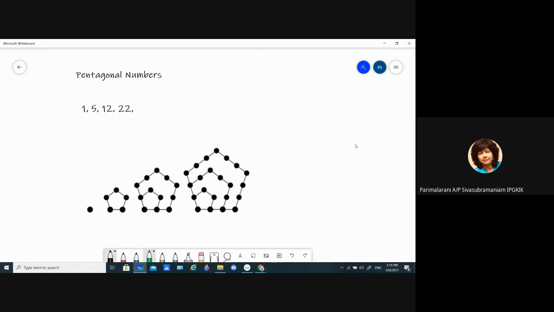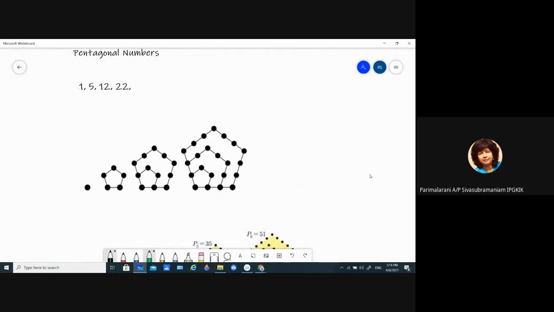This is the sequence for pentagonal numbers. If you were to represent them in dots, they would look like this: this is the term 1, P1, then P2, P3, and P4.